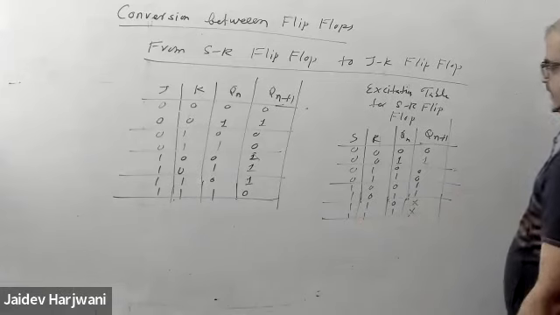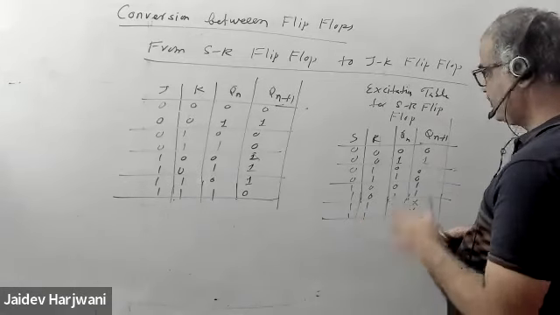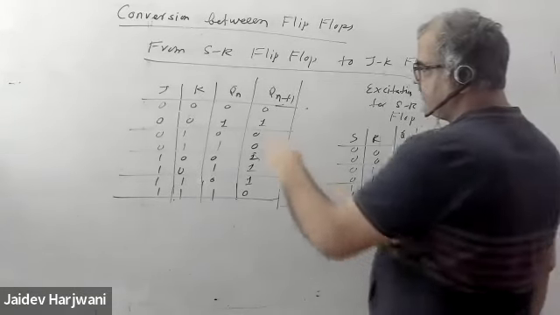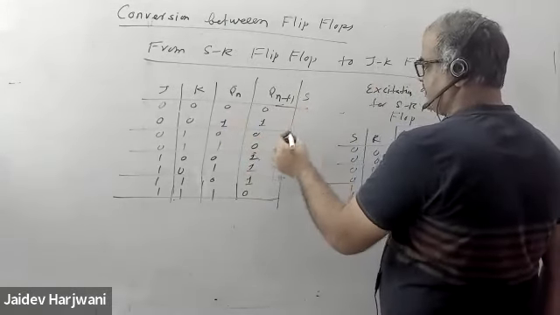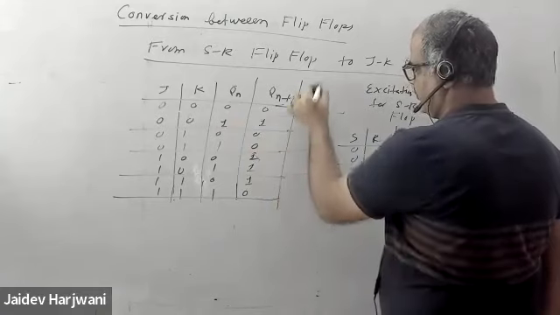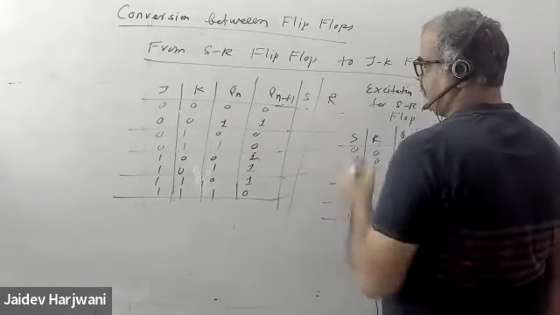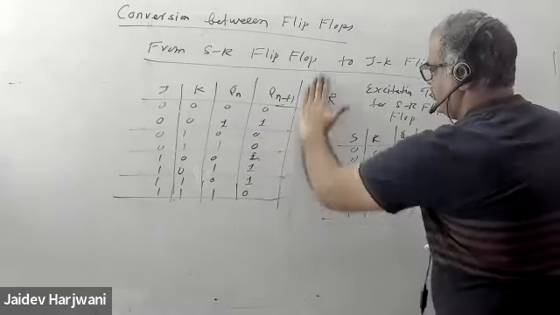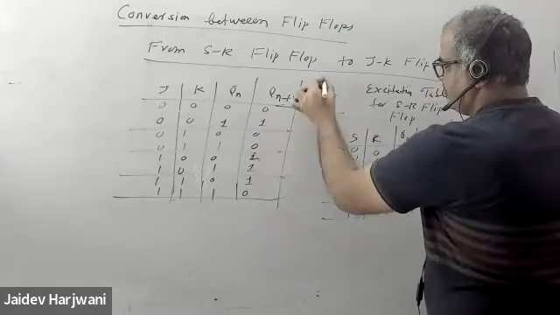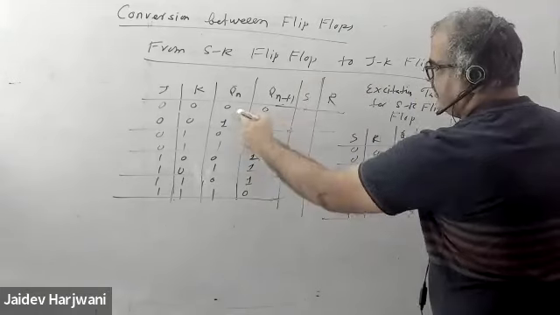Now you have to see here that the state is changing from 0 to 0. You write S here and R here. Now you have to find the variables which satisfy these conditions.